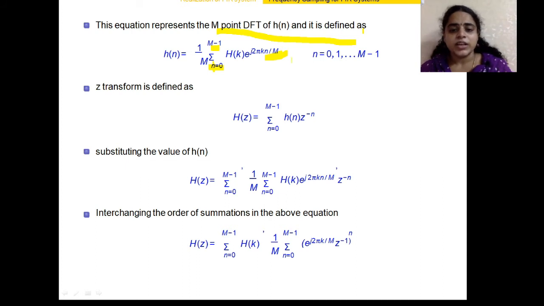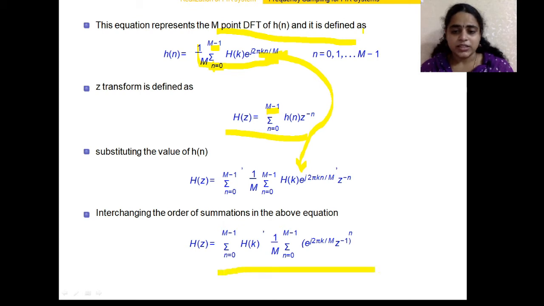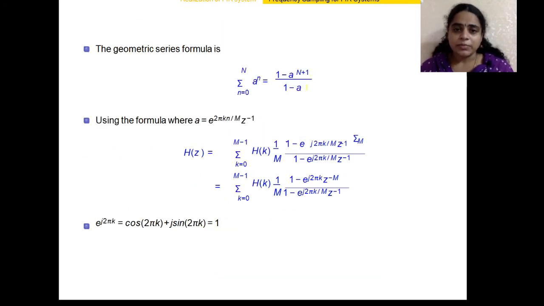Okay, here if you observe, the z transform is defined as H of z equal to summation n equal to 0 to M minus 1, h of n into z power minus n. We know the formula for h of n. So substituting this formula here and interchanging the order of summations, we will get this. This is in the form of summation n equal to 0 to N minus 1 of a power n, so the formula will be 1 minus a power N by 1 minus a.